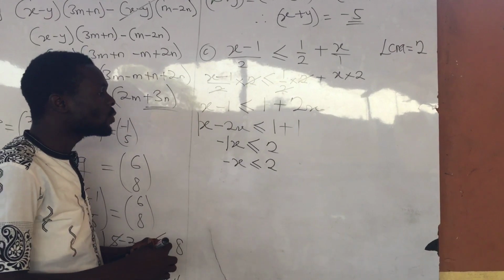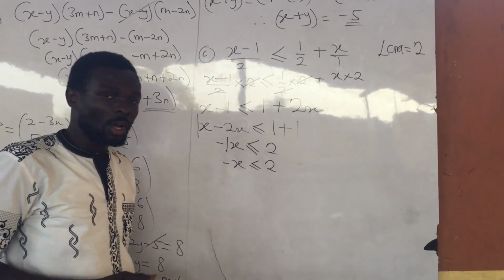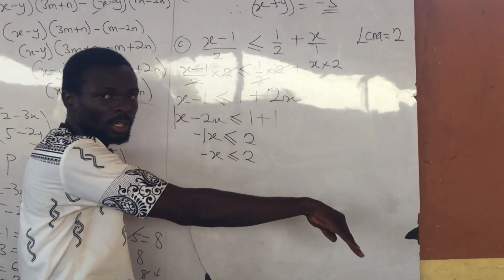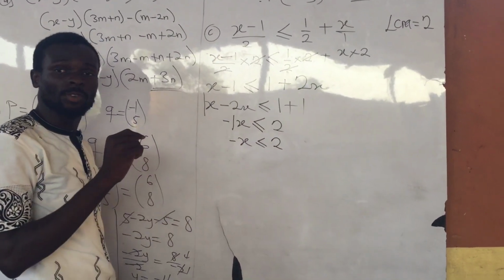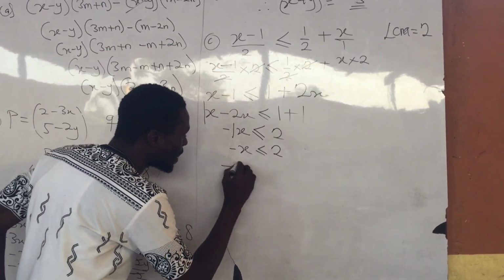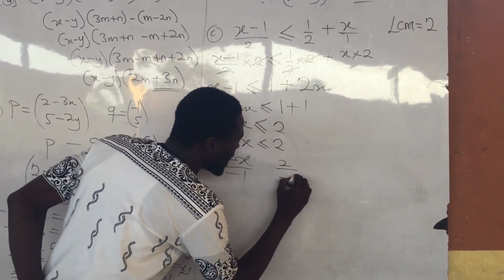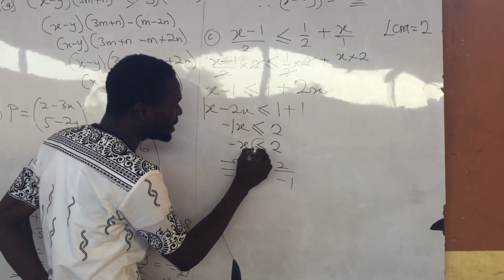But remember that we are solving for x, not negative x. So we have to divide both sides by negative 1 so that we get rid of the negative in front of x. So I'm going to divide this by negative 1 and also divide this by negative 1. Now let's note something here. Look at how the signs are.